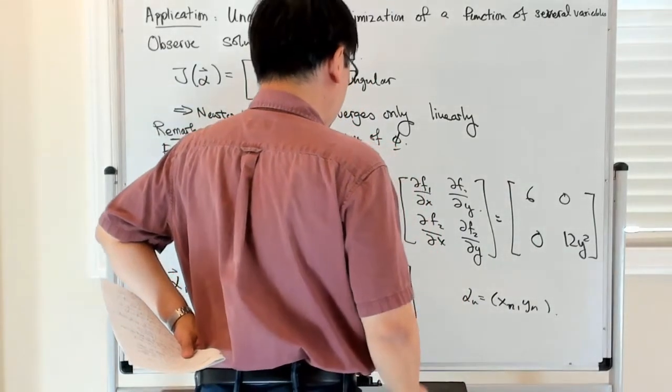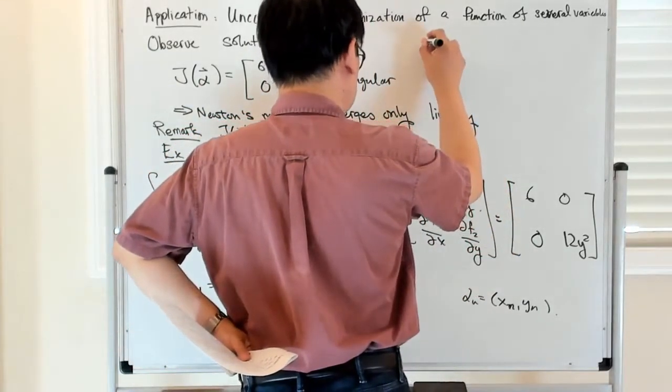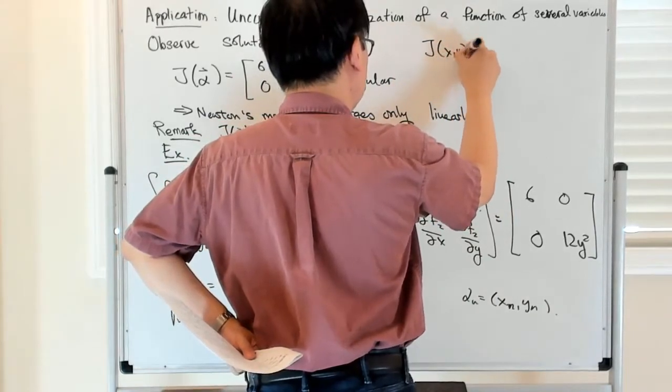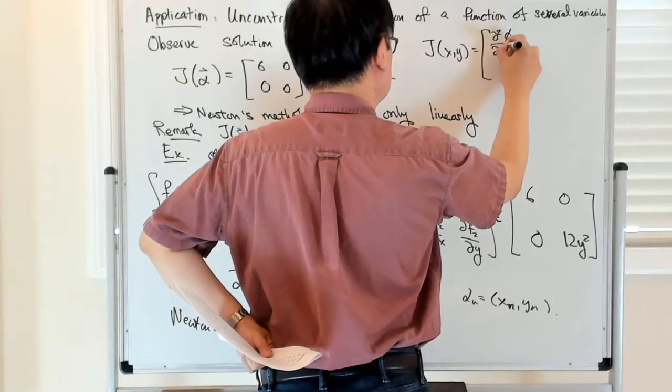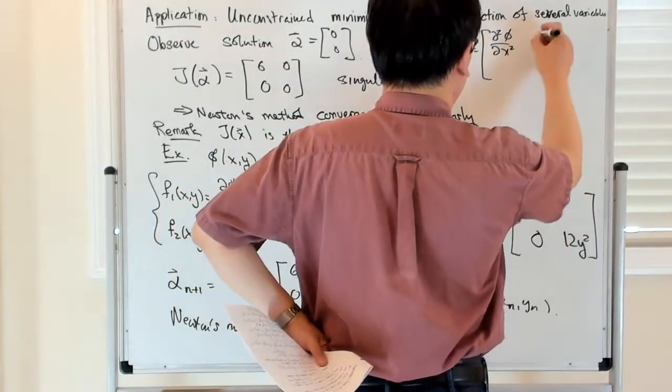What I mean by that is that in this case, J of x, y is equal to this type of thing.